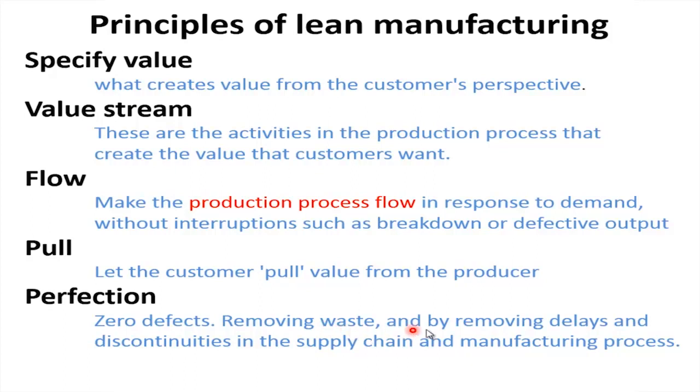Removing waste by removing delays and discontinuities in the supply chain and manufacturing environment. In the manufacturing environment, there can be many defects which can happen, but they have to be eliminated. Once eliminated, we should avoid such defects happening again. If it is happening again and again, that is not a lean manufacturing environment. So, there should be perfection. These are the principles that you can identify and understand.